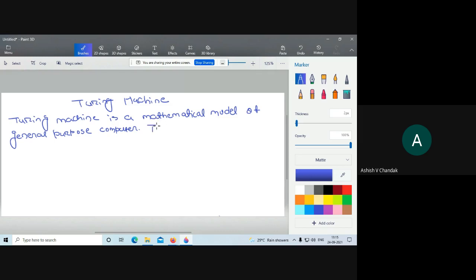A Turing machine is capable of performing any calculation which can be performed by any computing machine.